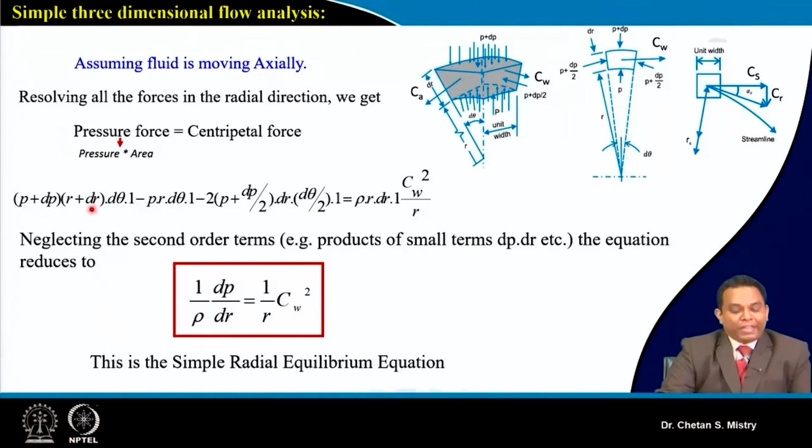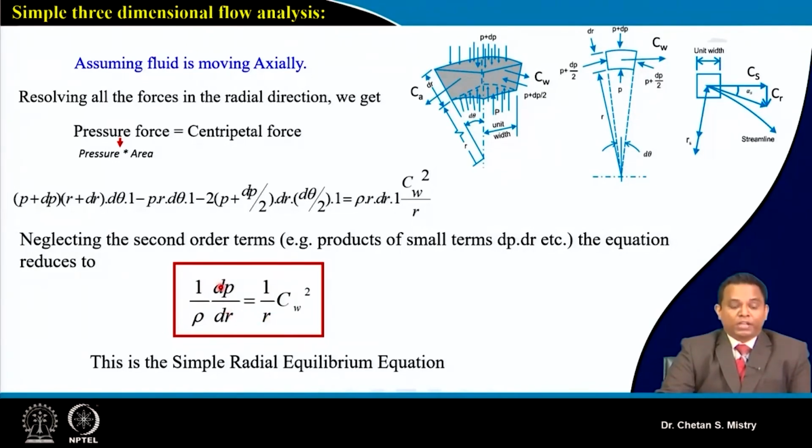Now if we rearrange all these terms and neglect the lower order terms, we come up with the equation: 1 upon rho dP by dr equals 1 upon r Cw square.